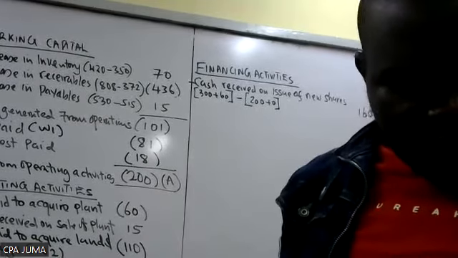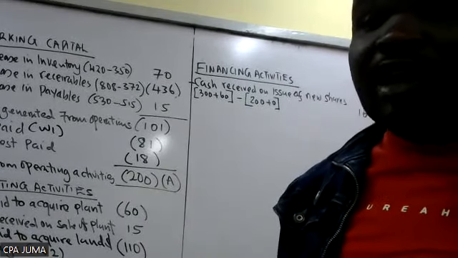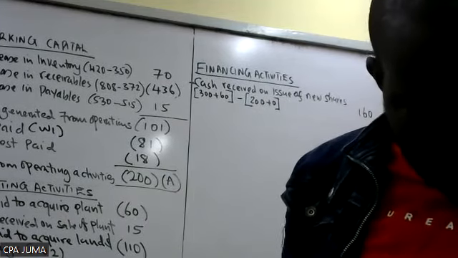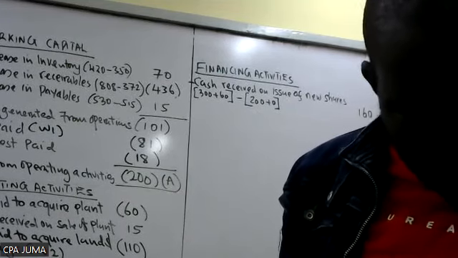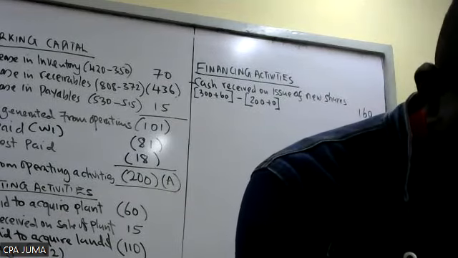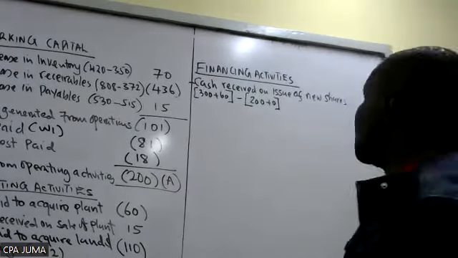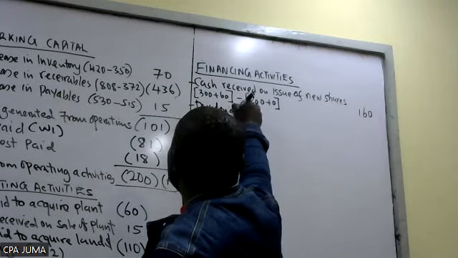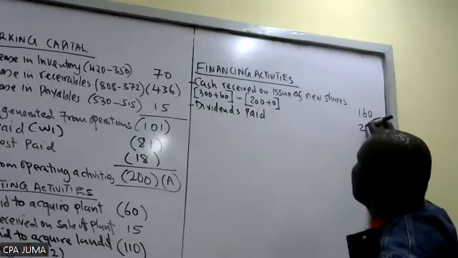But sometimes they dictate what they paid, so you don't have to check the decrease. Like in this question, they dictated. It was in note number 6. Check note 6. Dividends of 25 million were paid during the year. So you bring them here. Dividends paid, 25.